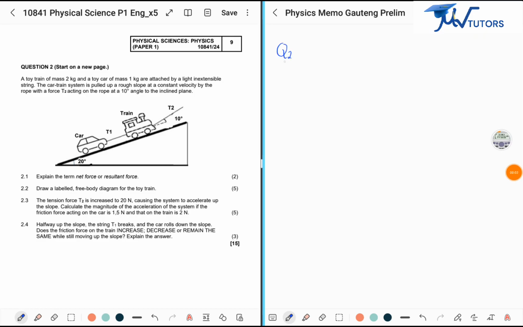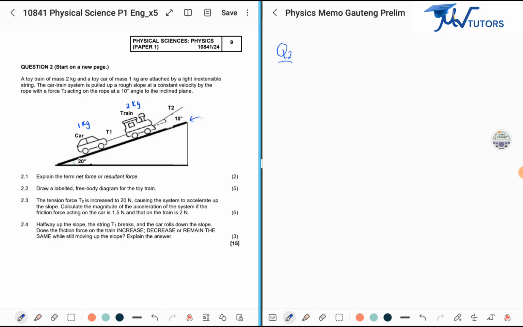Alrighty, question 2. So a toy train of mass 2 kilograms, okay, just put it there, and a toy car of mass 1 kilogram are attached by a light inextensible string. The car train system is pulled up a rough slope. Okay, so this is rough.